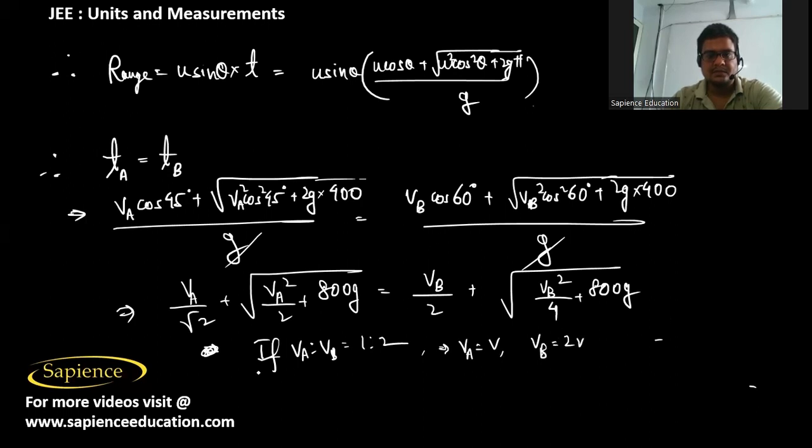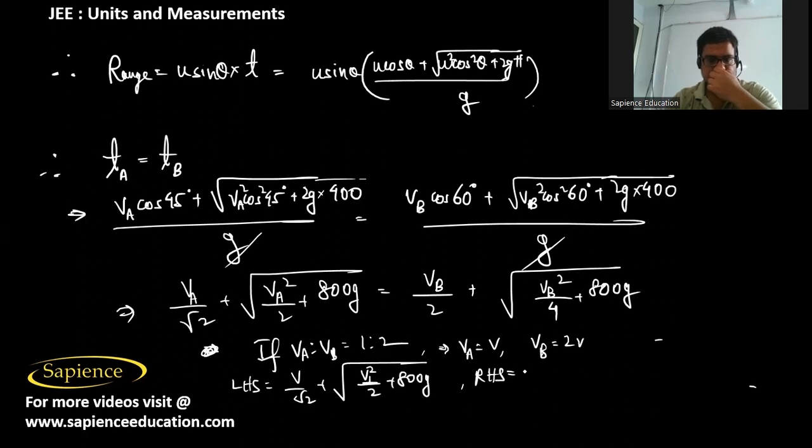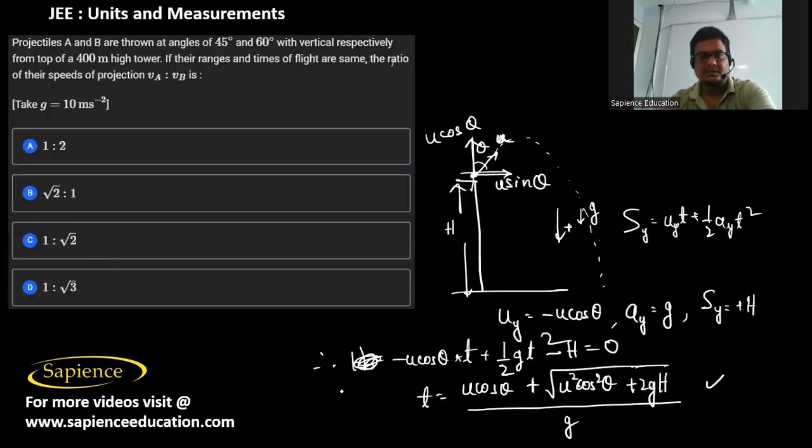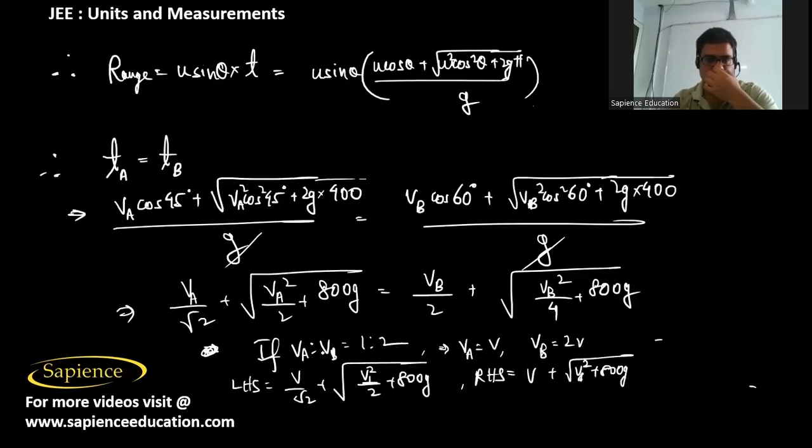Then the left hand side will be V by root 2 plus root over V square by 2 plus 800g, and the right hand side, VB being 2V, will be V plus root over V square plus 800g. So they will not be the same. And in the second option, if it is root 2 is to 1, then also it won't work.